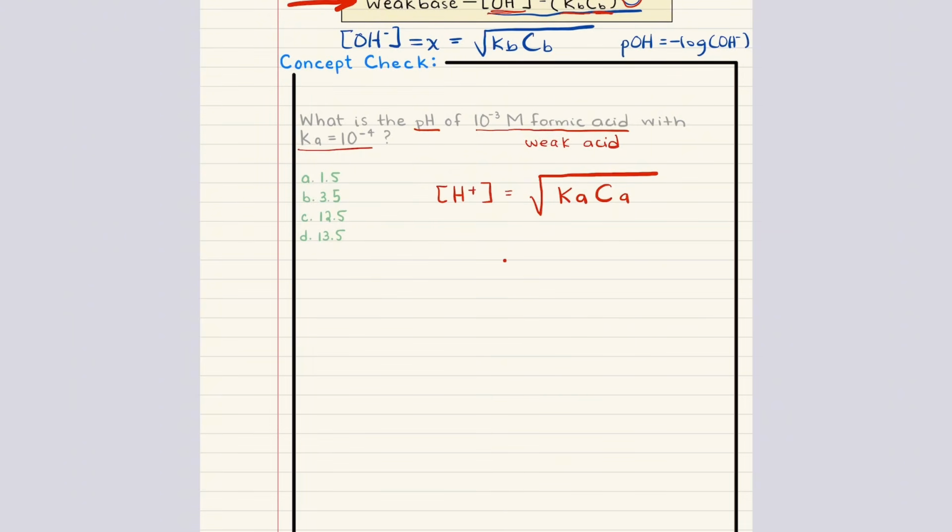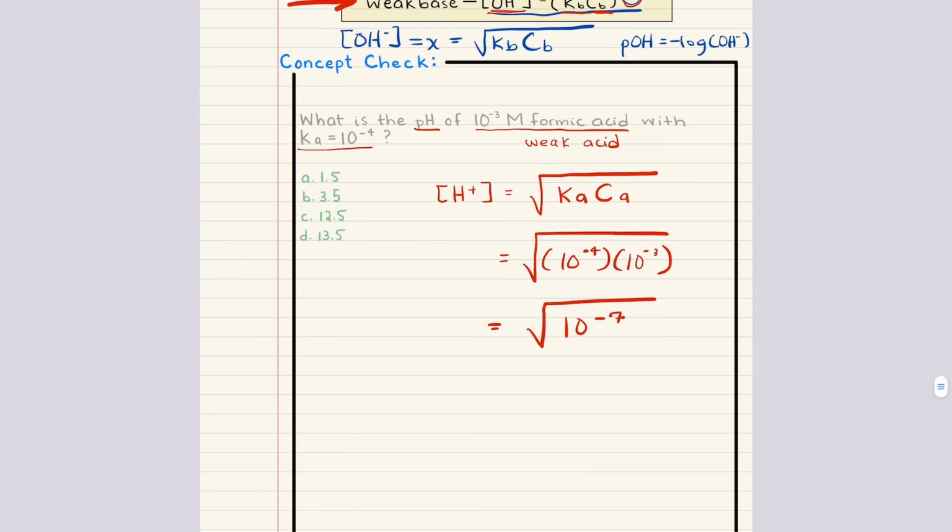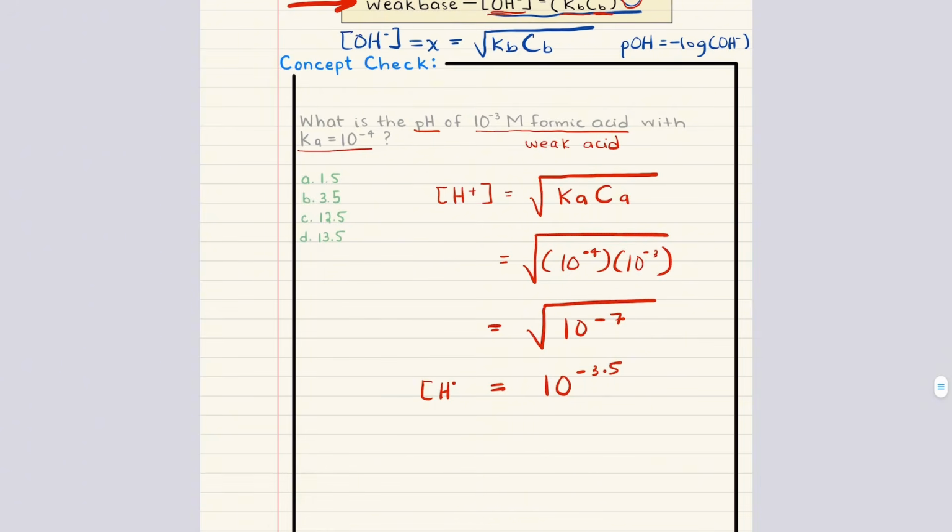Here, Ka is 10 to the negative 4, and the initial concentration, C sub A, is 10 to the negative 3. So the product inside the square root is 10 to the negative 7. The square root of 10 to the negative 7 is 10 to the negative 3.5. So that means the hydronium or hydrogen ion concentration equals 10 to the negative 3.5.